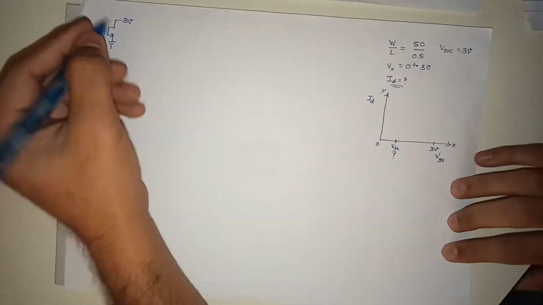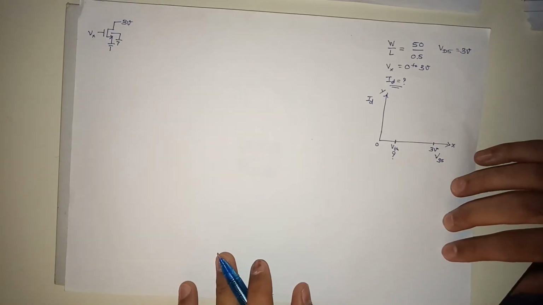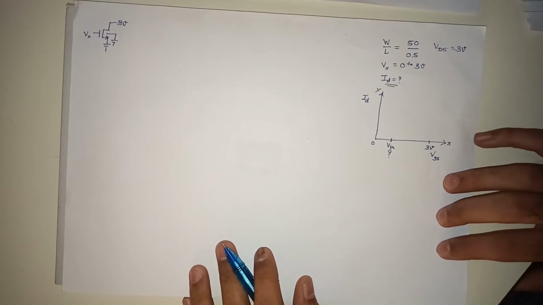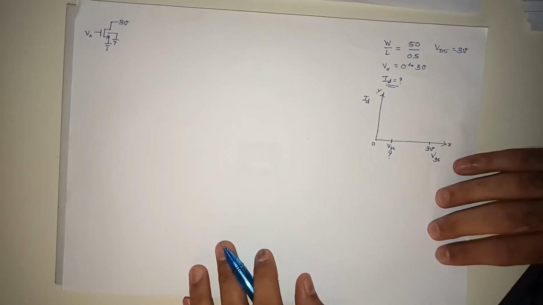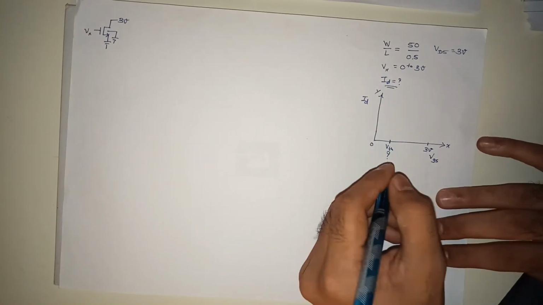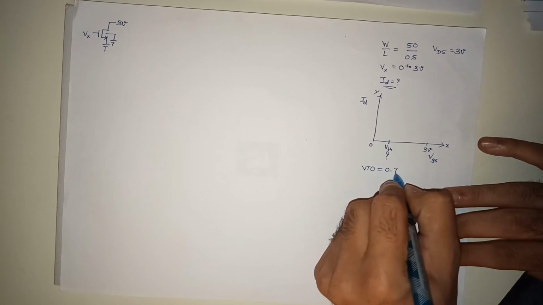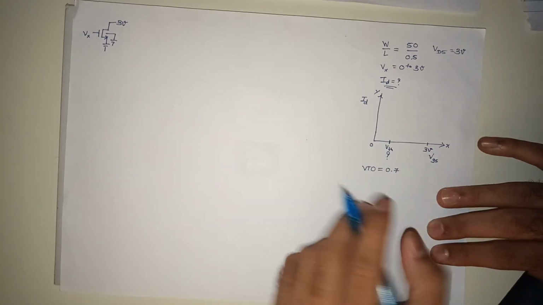If your body voltage is a variable, you should worry about your VTH change. But in this problem that is fixed. So VTH is nothing but VTO, that is 0.7.